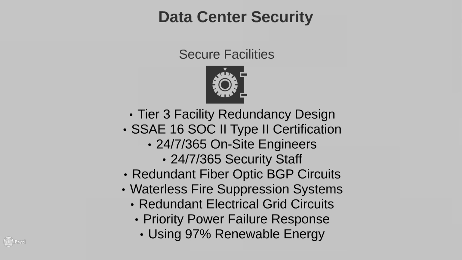Everything is built with redundancy in mind. Another thing I'd like to point out, for the green ones here, is that it uses 97% renewable energy. So if you love the planet, that's a good one. That kind of sums up the data center security.